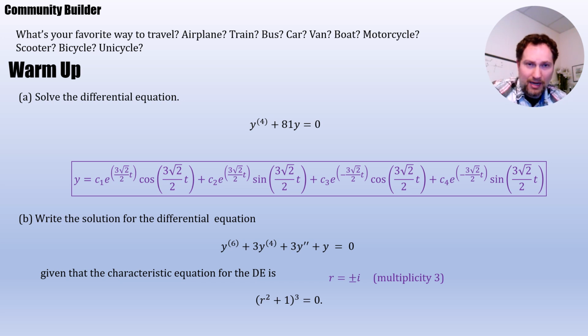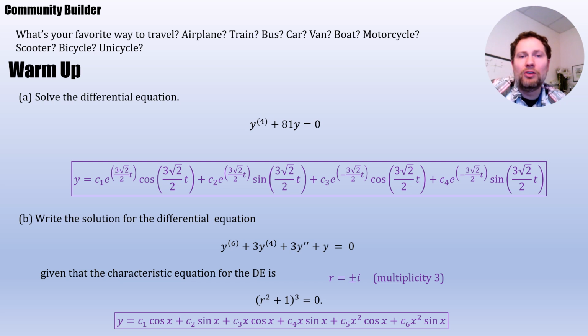So what would you normally have for plus or minus i? You'd have c1 cosine and c2 sine of t. But since we have a multiplicity of 3, this is a 6th order equation, we need 6 constants. So you're going to have that, but then also times x and also times x squared. You see those 3 parts there to take care of that repeated solution.